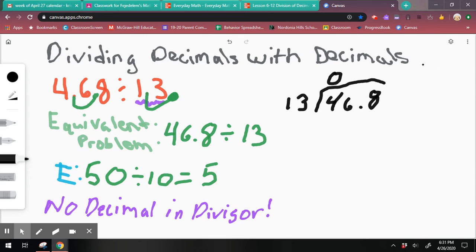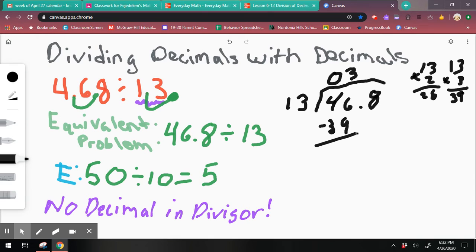If you're not sure, you can do some side math and figure out 13 times 2 gives us 26, so it looks like it could go in one more time. 13 times 3 gets us 39. We can't put in another 13 because that would be over. So it can only go in 3 times, which is 39. And subtract.